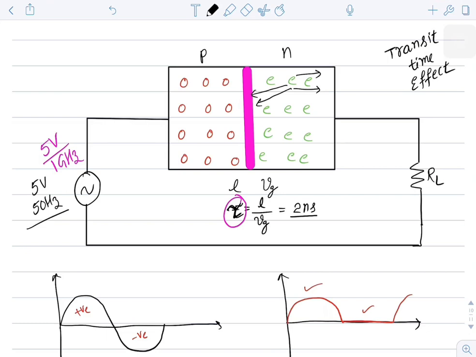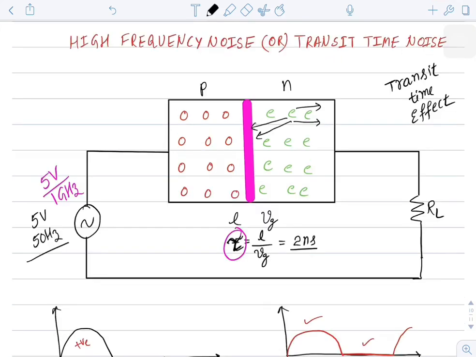At low frequencies, this circuit works as a rectifier, but at very high frequencies, the same circuit does not operate as a rectifier, only because of the time taken for the electron to move from n-type to p-type region. This time is called transit time, and this effect is called transit time effect. This phenomenon is observed at very high frequencies only.